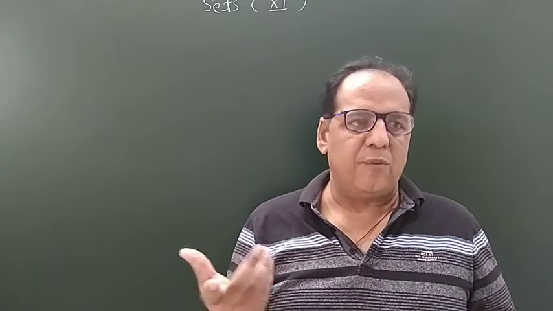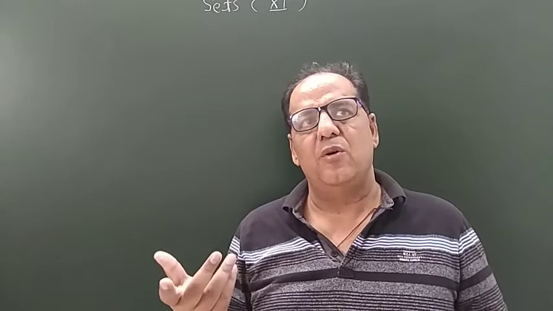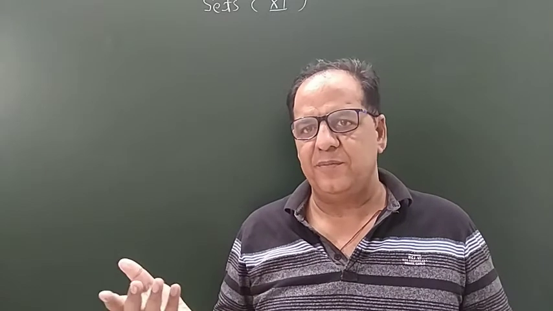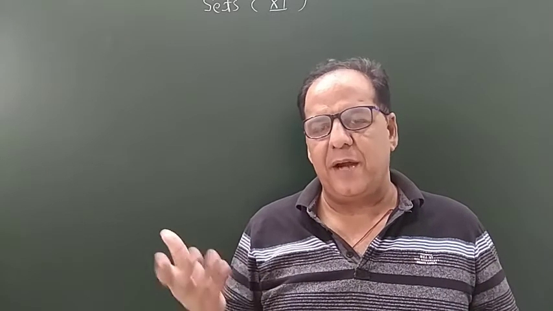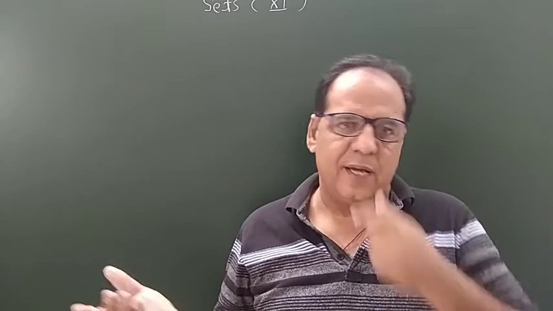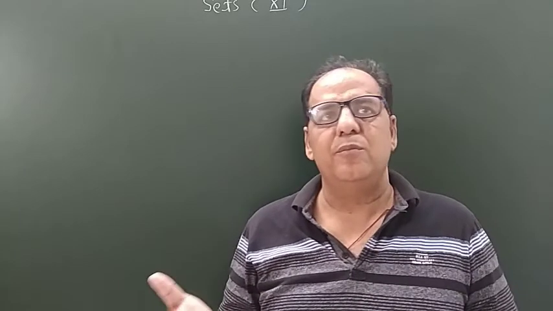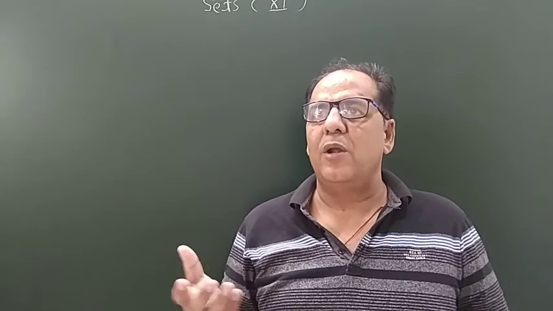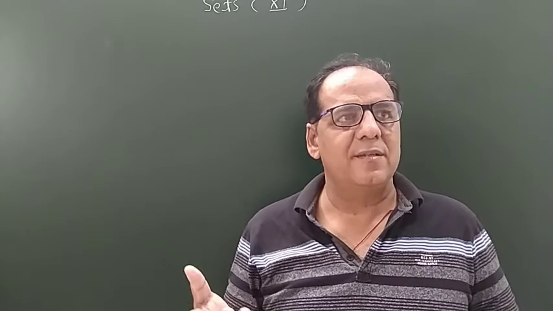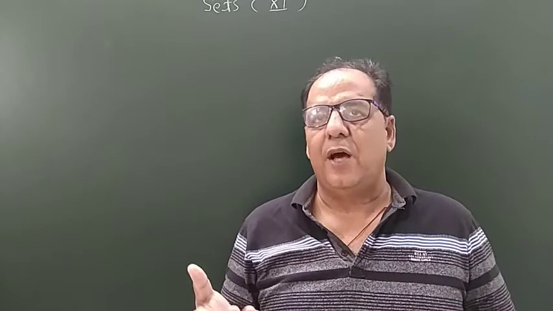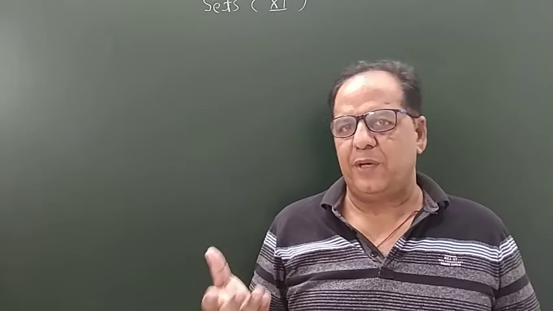In roster form all the elements of a set are listed and separated with commas, and in set builder form all elements of the set possess a single property, and then we can represent it.